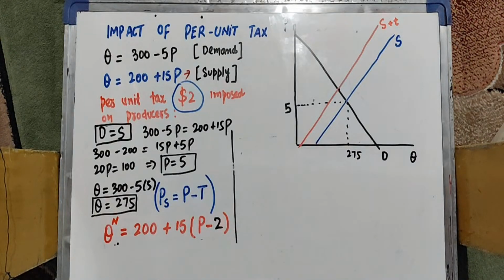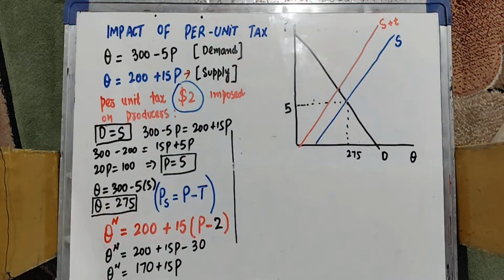Solving this, Q superscript n will be equal to 200 plus 15p minus 30. So the new supply function will be equal to 170 plus 15p.